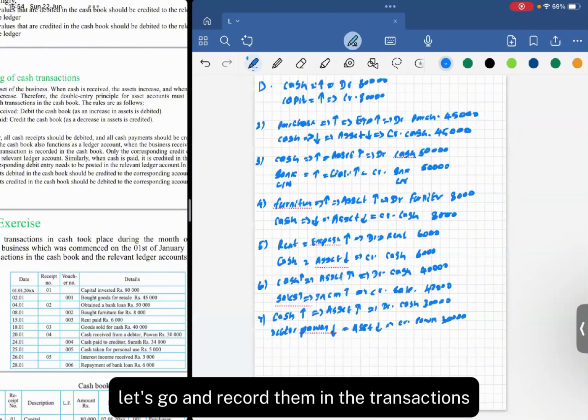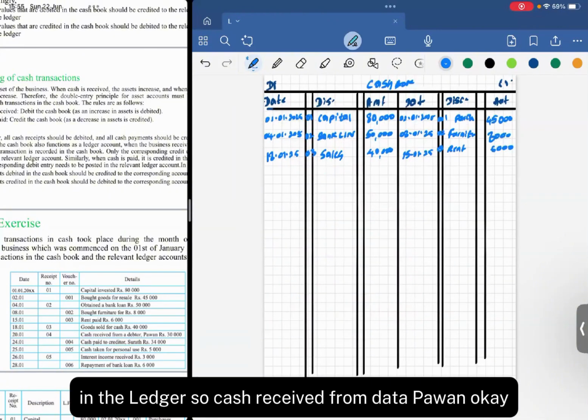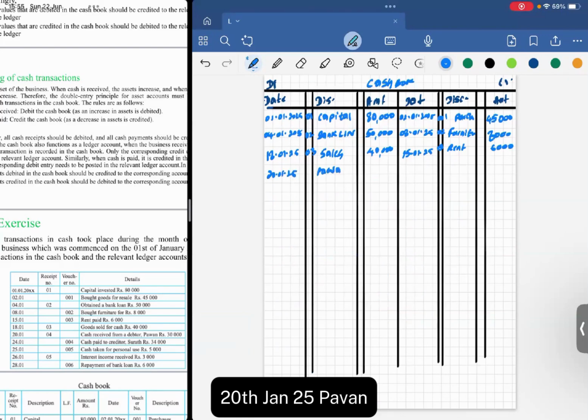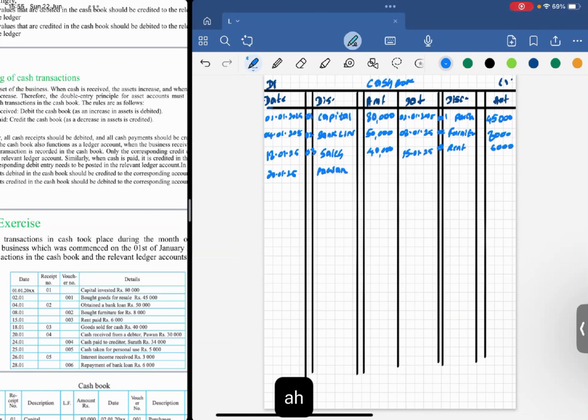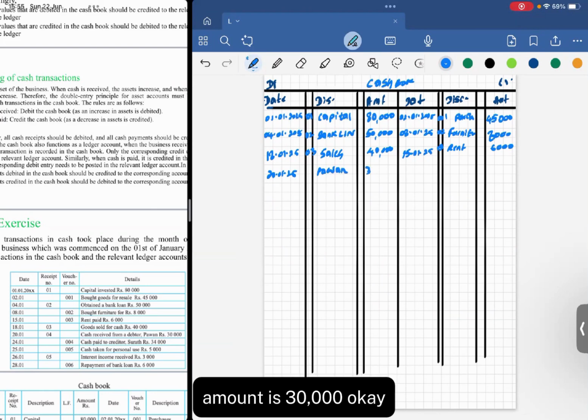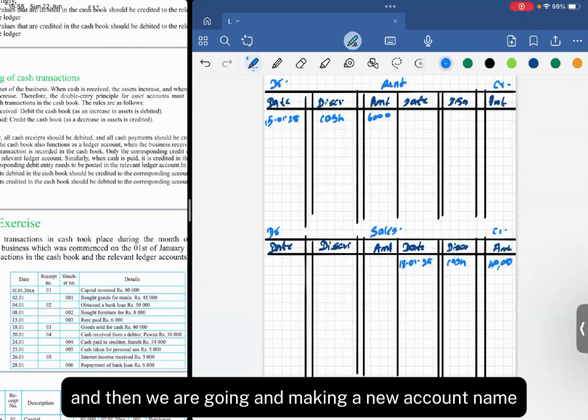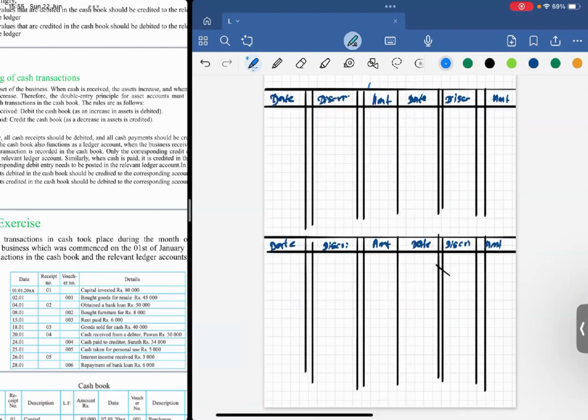Let's go and record these transactions in the ledger. Cash received from debtor Pawan. When is the date? 20th Jan 25. Pawan, amount is 30,000. And then we are making a new account named Pawan, debtor, debit, credit.